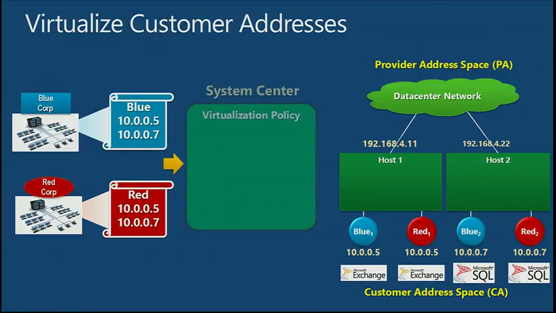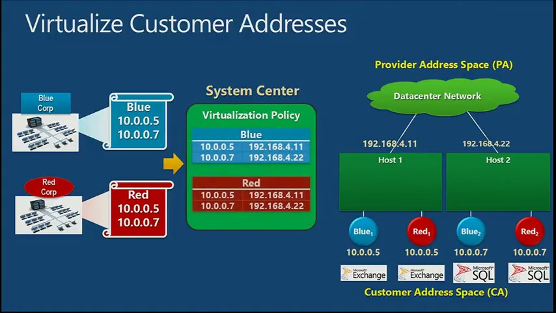And we manage this through System Center. Most of the other Hyper-V networking features you can manage through the Hyper-V console or PowerShell. This feature should only be managed through System Center Virtual Machine Manager, and I'll show you the UI in a minute. What we do is set up effectively a mapping table in System Center.